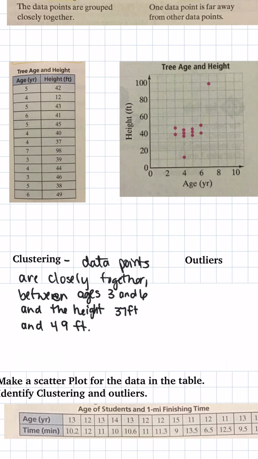And the outliers, the 2 points of the outliers, are 4 and 12 and 7 and 98. Those are the outliers.